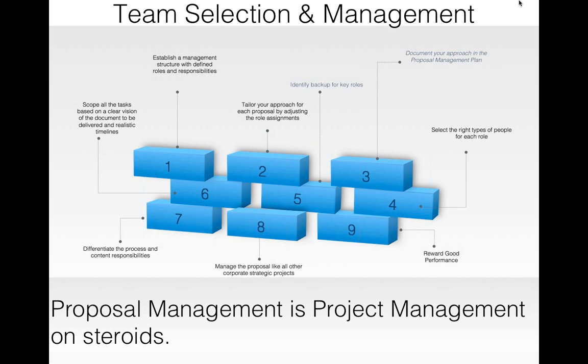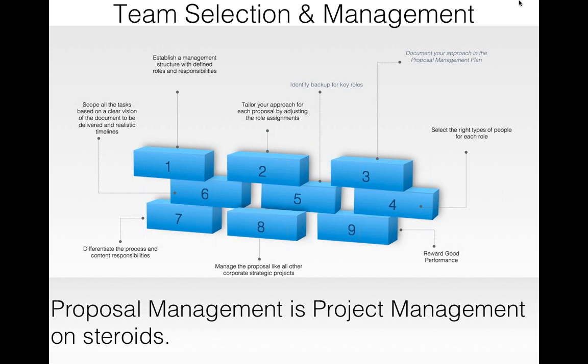So always be selective about taking the right people and assigning them the right roles. That's why I said to try to keep separate the roles which will be responsible for the process and the roles which will be responsible for the content.